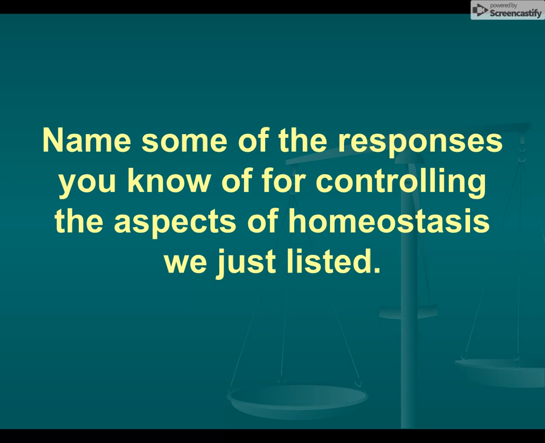Those kinds of things are what we think of as responses to a stimulus, and that's how our body maintains homeostasis. We need to keep our body temperature at a constant level. If we get too hot, we start to sweat, and if we get too cold, we start to shiver.